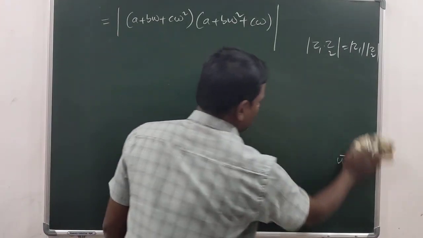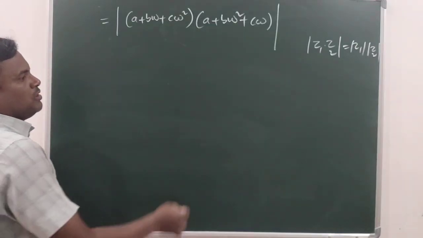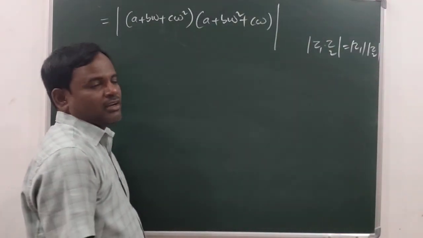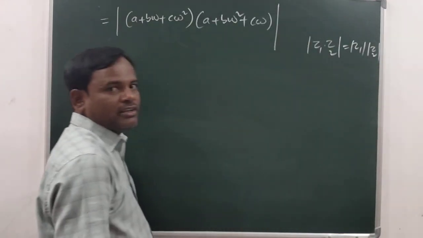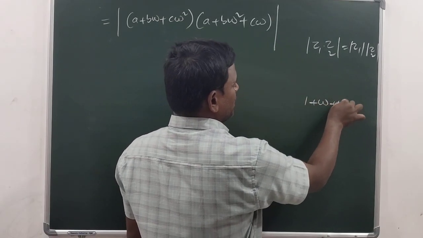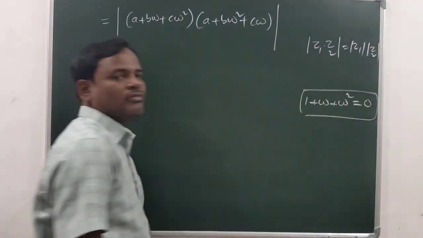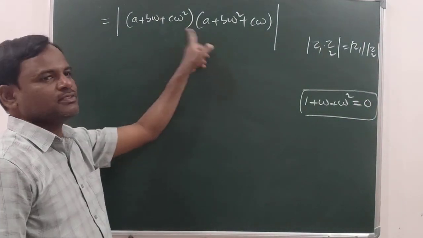Okay, multiply both of them. On multiplying, in some brackets we may get 1 plus omega plus omega square, so we use this relation while simplifying.